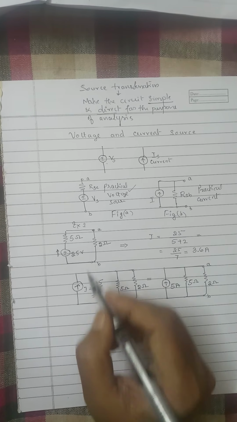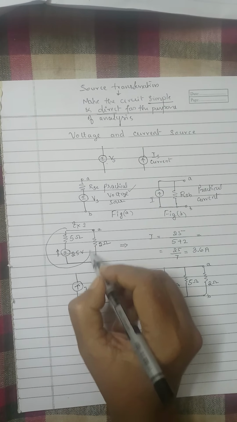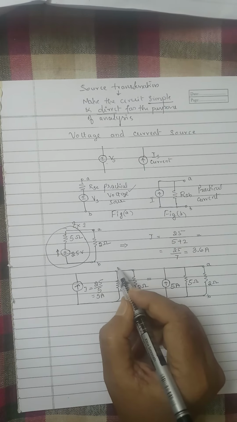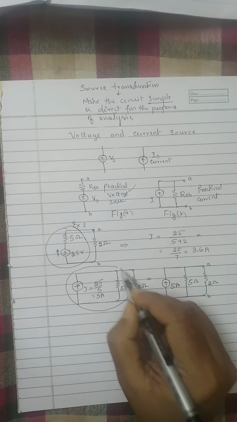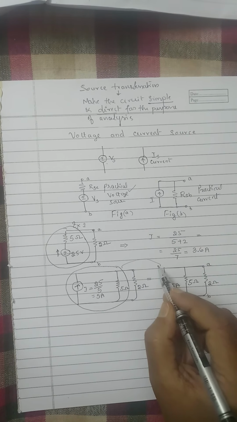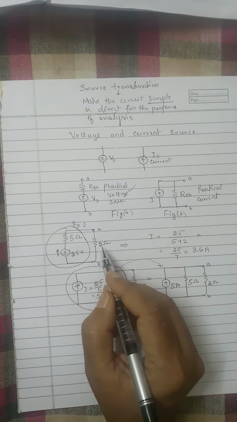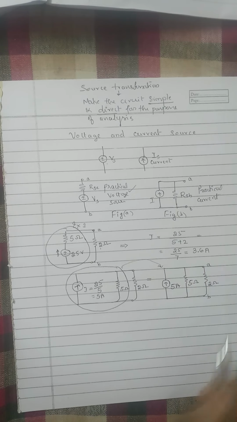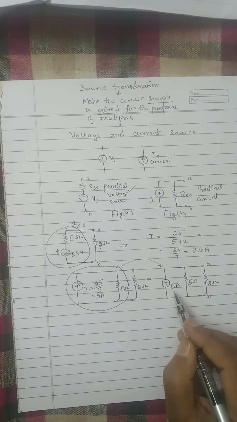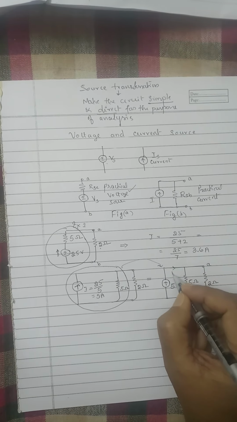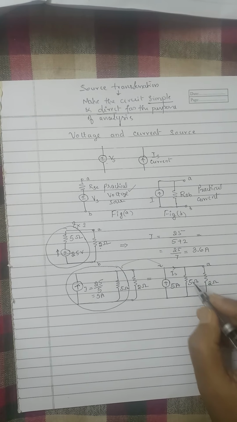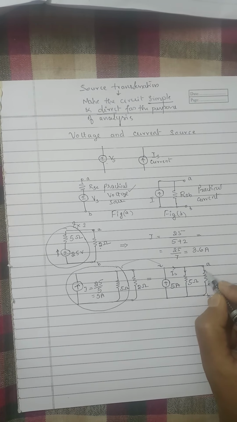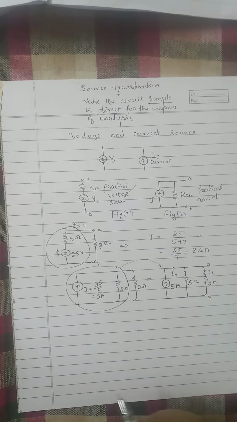See here, this voltage source has been transformed to a current source, and I am reconnecting the load resistance of 2 ohm as it is. This is the source current, and I need to evaluate the current IL.